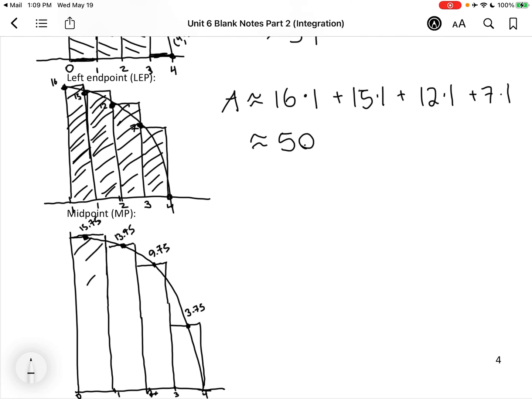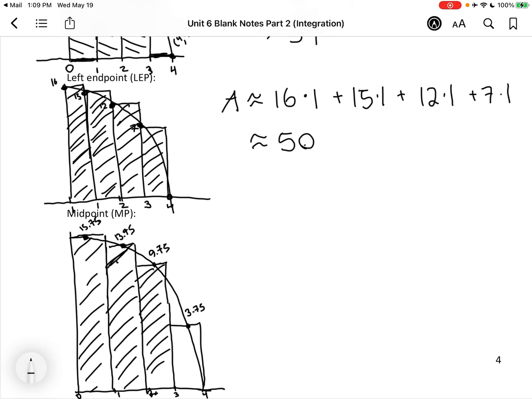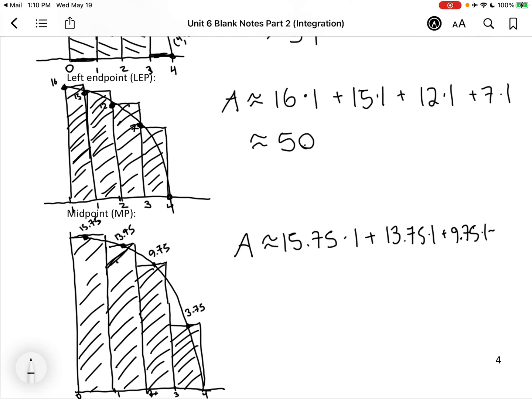And this is what we're going to use for our areas to try and get it even more accurate. Okay, and so here the area would be approximately, the widths are still 1, of course, 15.75 times 1 plus 13.75 times 1 plus 9.75 times 1 plus 3.75, I got to squish it in, times 1.